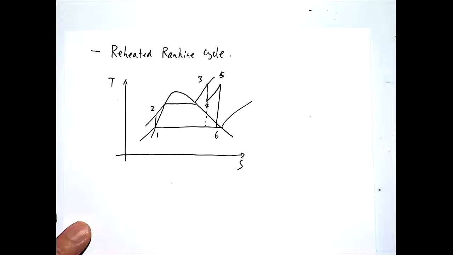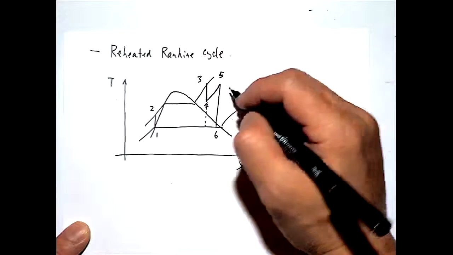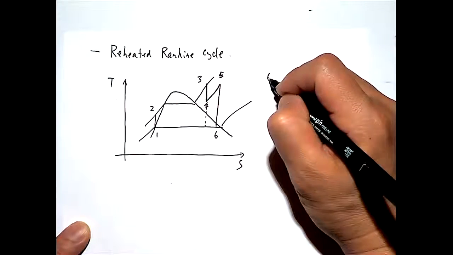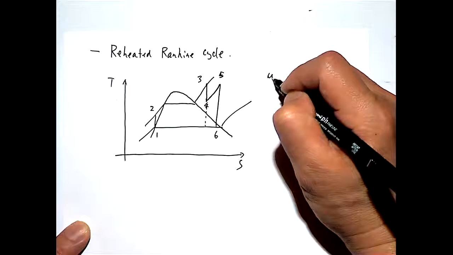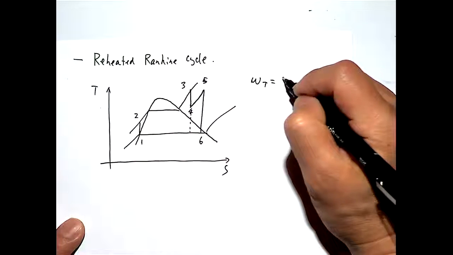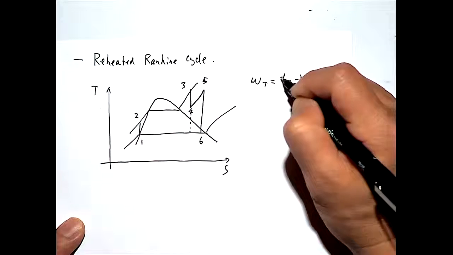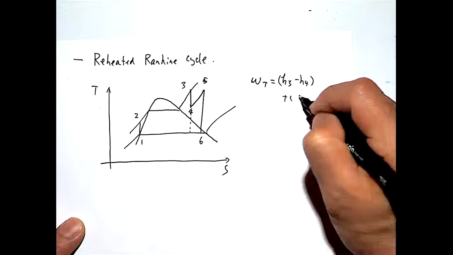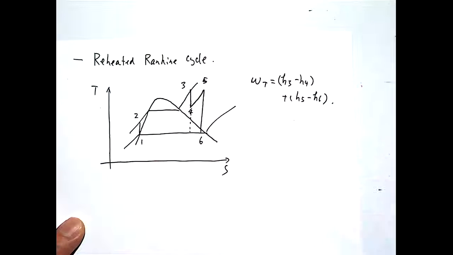So in terms of calculation, the turbine work has two components, which is H3 minus H4 plus H5 minus H6.